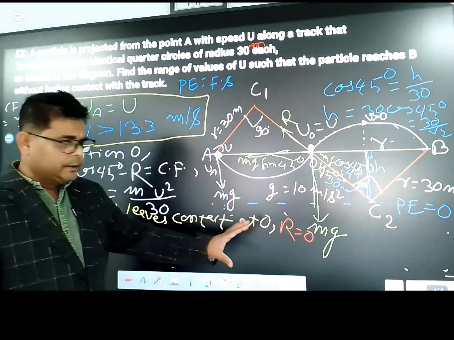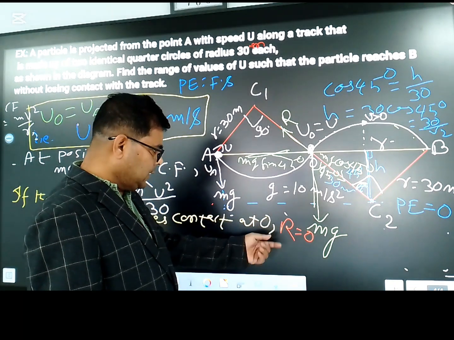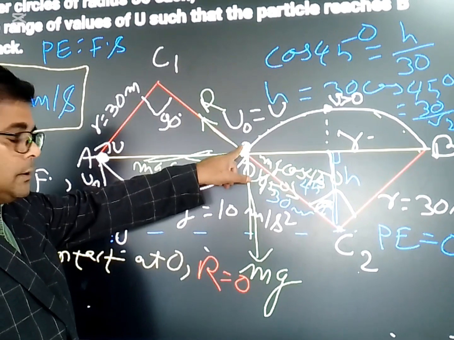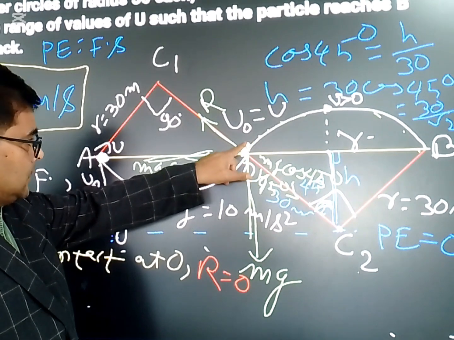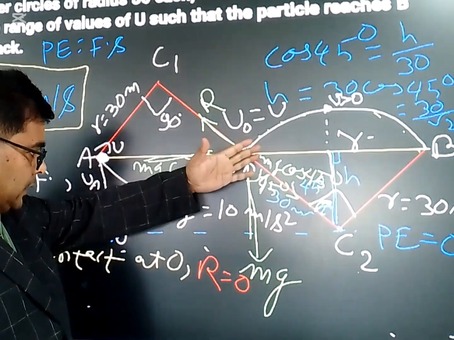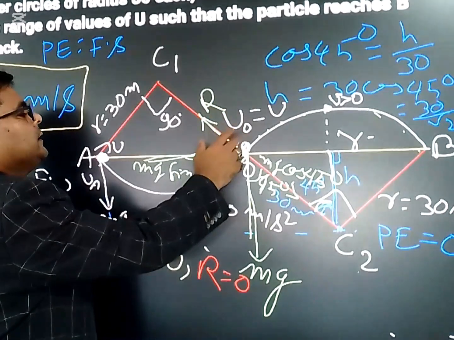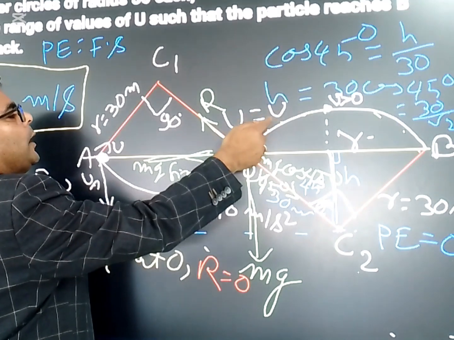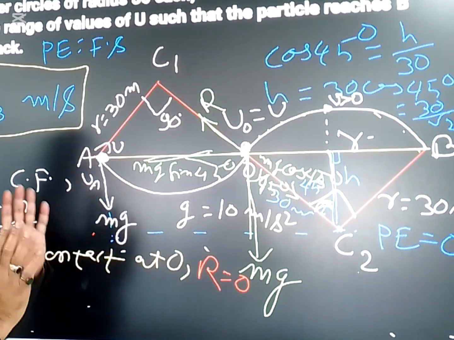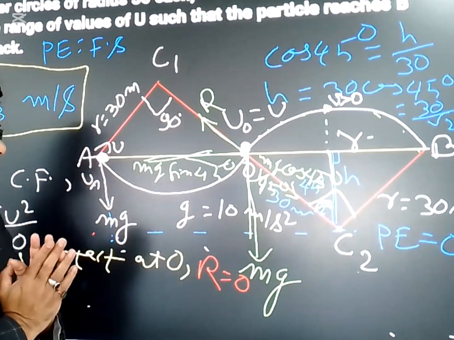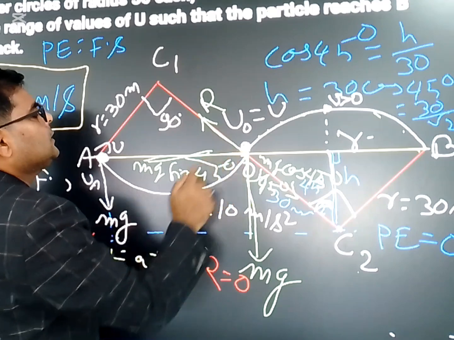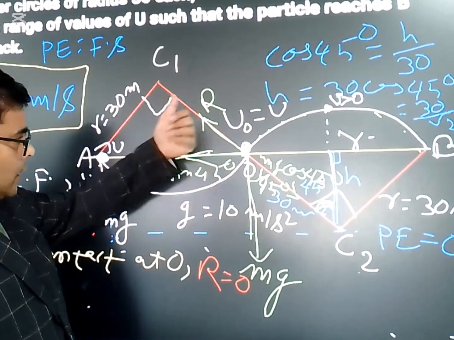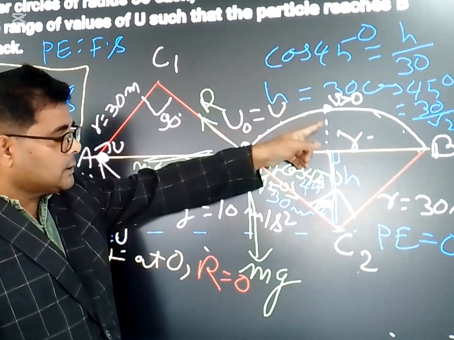So we are taking R equals 0 to find the minimum value so that the particle is just about to leave this contact. Okay, not more than that. So we are supposing that if R equals 0 at any point, then this particle will lose the contact. So we are talking at this point: if R is 0, then the particle loses or is about to lose the contact with this track.